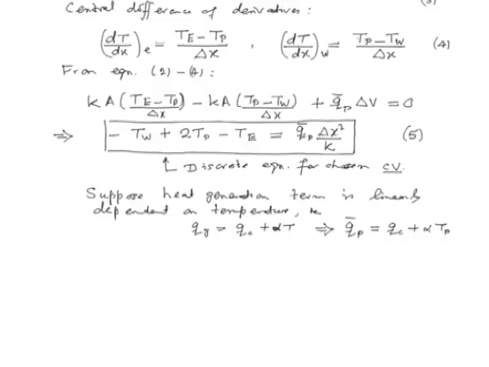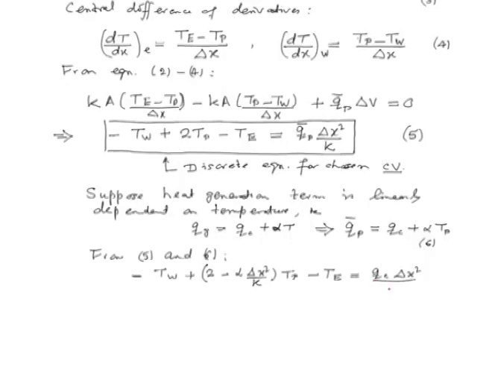So, we can substitute it now in equation 5. Let us call this equation 6. So, from 5 and 6, if you substitute and then collect the Tp terms and bring them to the left hand side, we get minus Tw plus, within brackets, 2 minus alpha delta x square divided by k, times Tp, minus Te is equal to Qc delta x square by k.